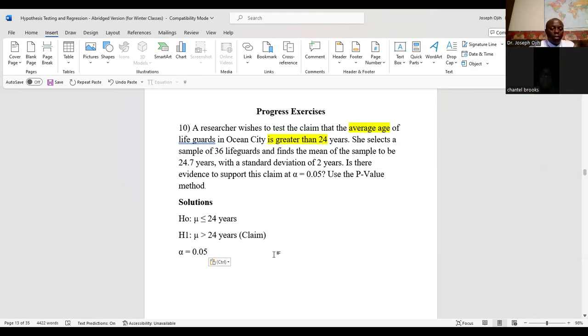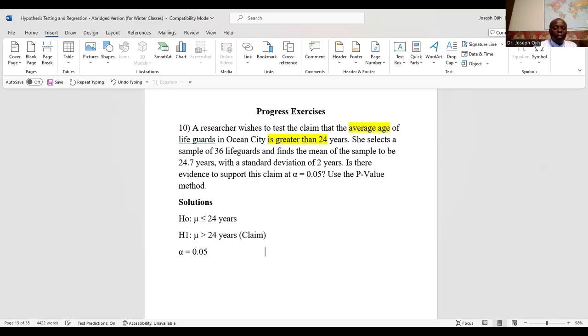Because this operator is pointing to the right side, this is a right-tailed test. We're not using a critical region this time around. We're using the p-value method.